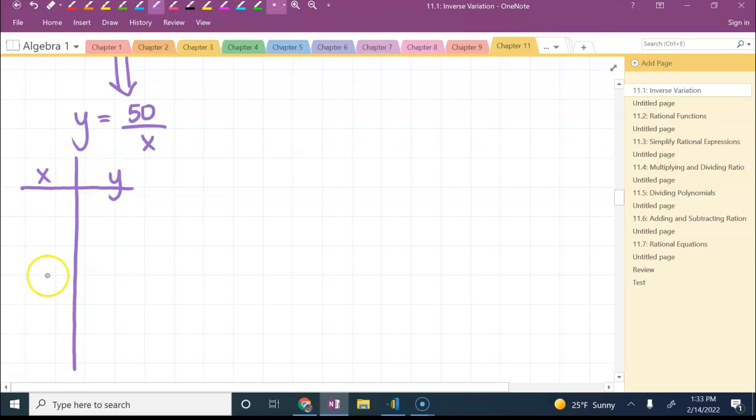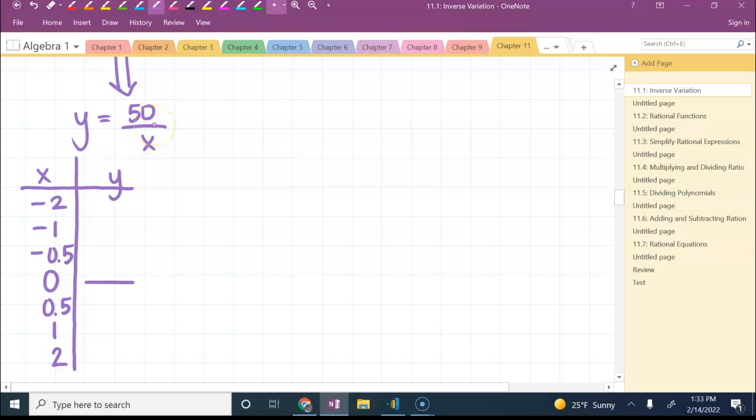Now again, you can always put 0 in the middle and just know that you're not going to be able to evaluate at that point, because it's always going to be undefined when you're trying to divide by 0 here. And you can use some of the same points that I used on that previous problem, like -2, -1, -0.5, +0.5, +1, +2. And plug those in here.